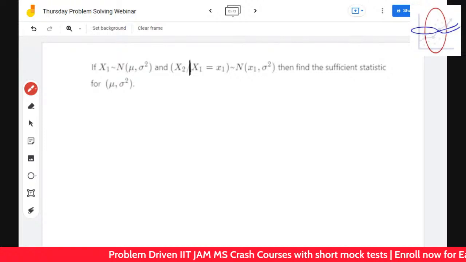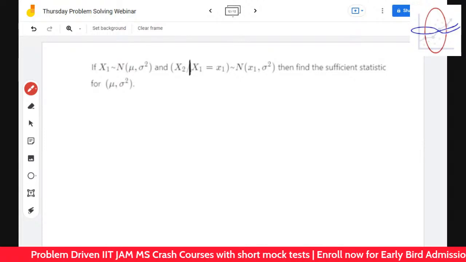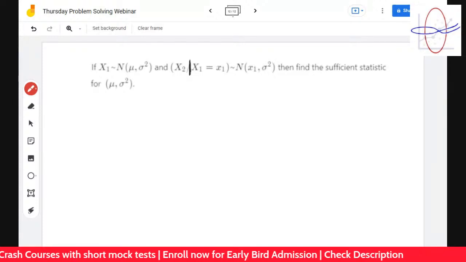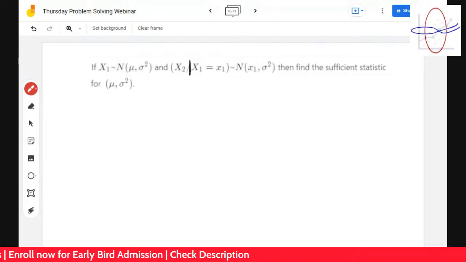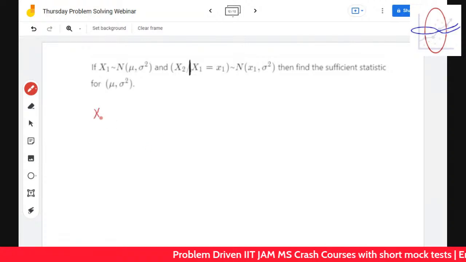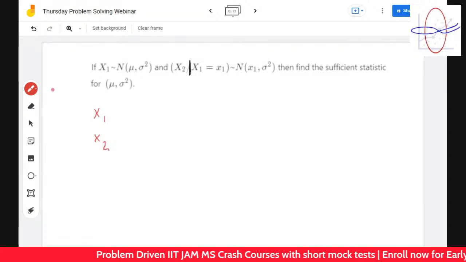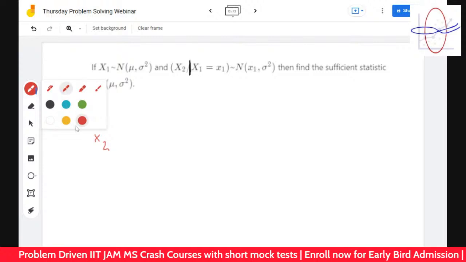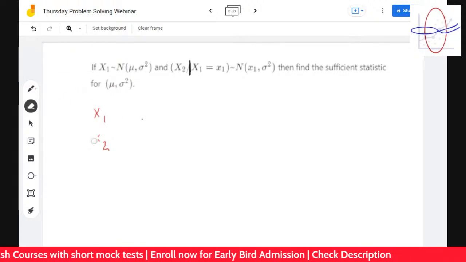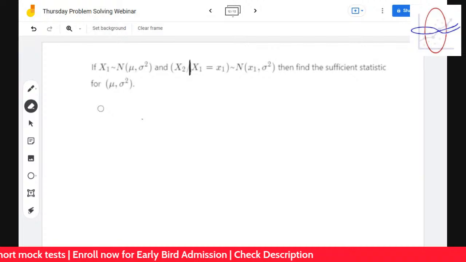How to pose this problem, guys? Fine. You have X1 and X2, and it follows this. So how do you find a sufficient statistic?